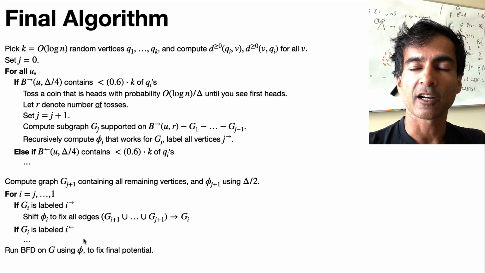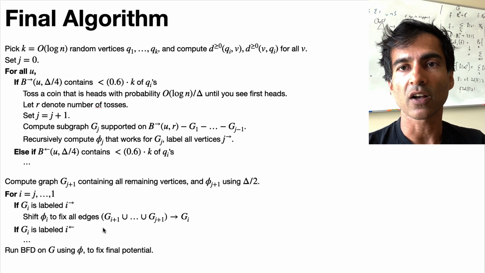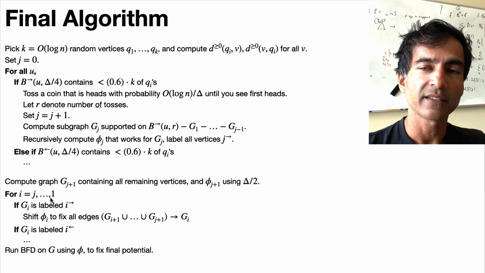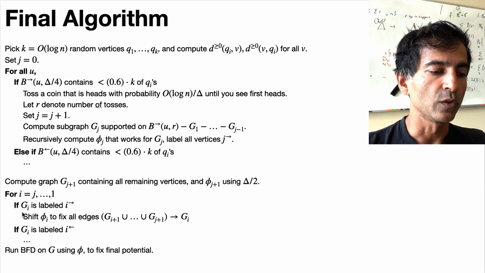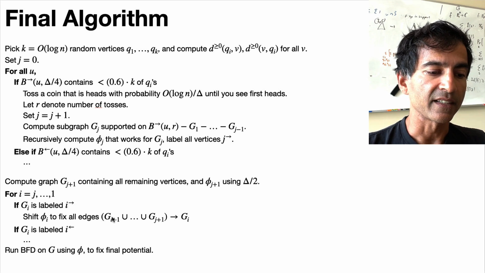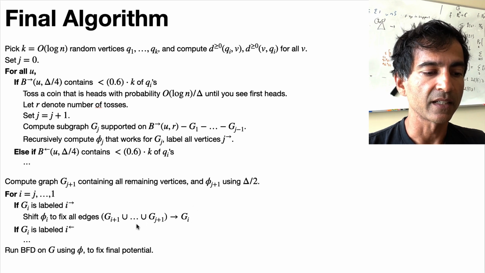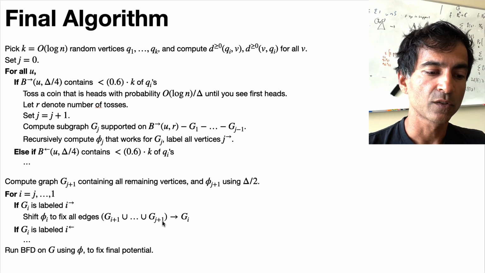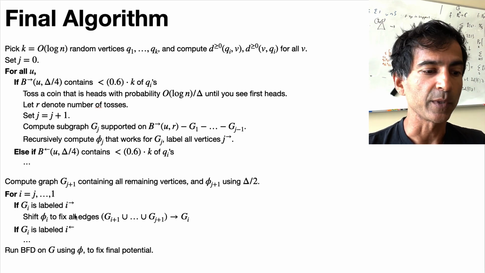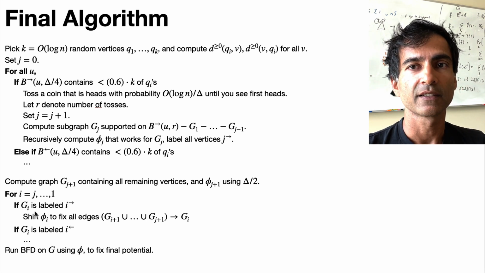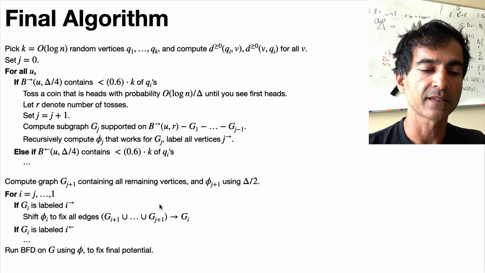Then we go back through the entire picture and fix all of the edges that crossed between these graphs in the right direction. So for i going from j to 1, you look at whether Gi is labeled forward; that means the edges that go in the right direction are the ones going from the future graphs in the picture into Gi. And we can shift phi i, the potential function for the ith graph, by some constant to fix all of these edges.